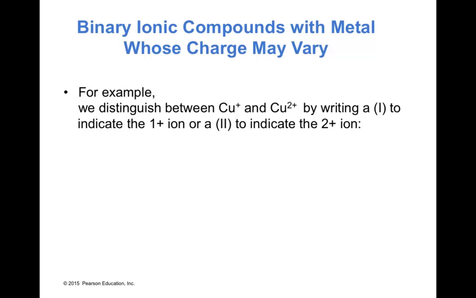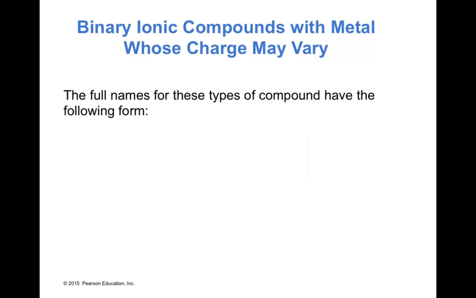So for example, we distinguish between copper 1+ and copper 2+ by writing a Roman numeral 1 to indicate the 1+ ion, or Roman numeral 2 to indicate the 2+ ion. So copper(I) or copper(II). This is the way we identify which of the at least two possible cations that could be formed for the same metal is the one that we are using, the one that we need to create or find out the name for.